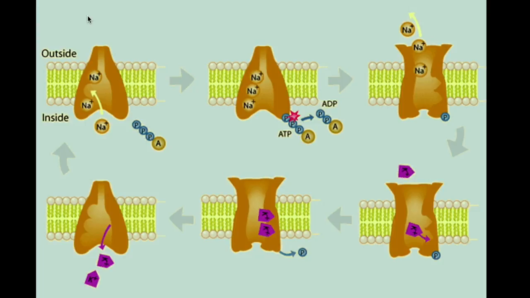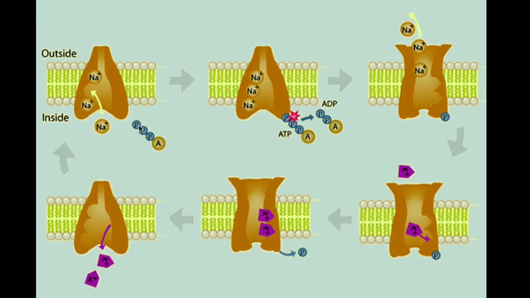Now, in order for this to happen, we need to have our enzyme, our sodium potassium pump here, and we must also have available ATP. ATP is what is going to allow this process to occur, and it is going to occur by way of donating its phosphate, one of its phosphates here. So you can see this is an ATP. We have an A and 3 phosphates here.